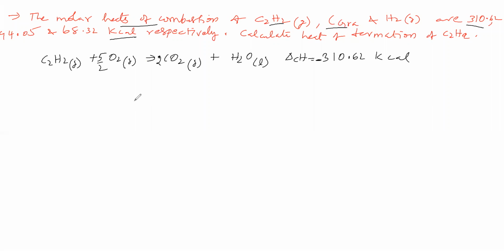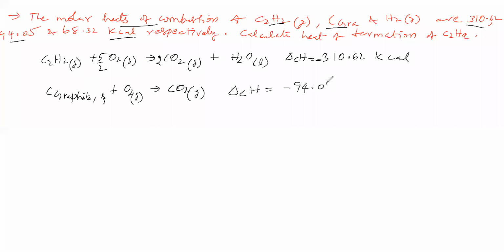Then we have to take graphite. Graphite solid plus oxygen gas gives carbon dioxide gas. Graphite undergoes combustion with oxygen to give carbon dioxide gas. For this delta CH, enthalpy of combustion for graphite is given as 94.05.